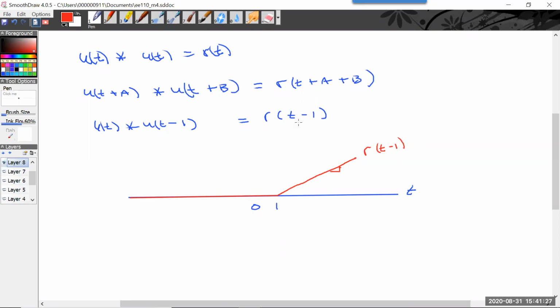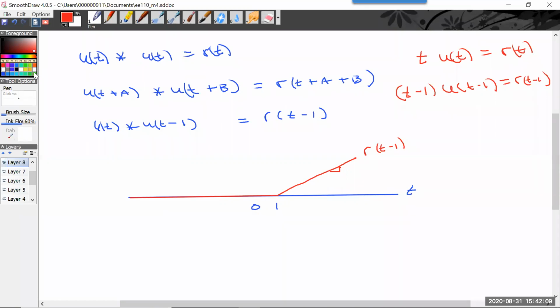Now, there can be some confusion around this. What if I want to break this back up into a step function? While u(t) is r(t), I have to put the delay in here to make it work out.